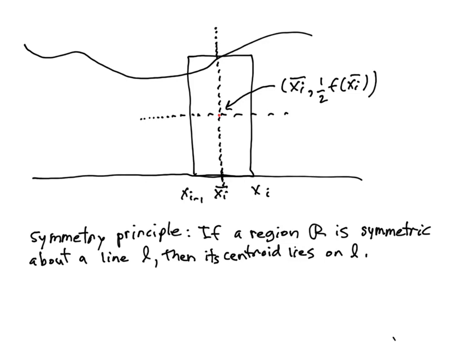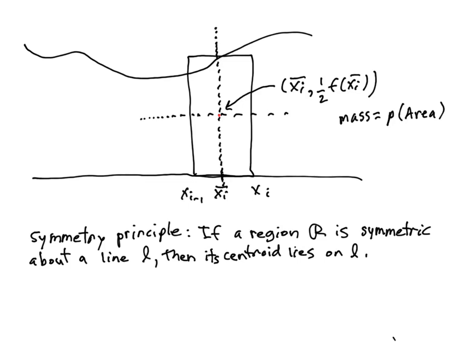Okay, so now what would the mass be? Well, in general, guys, mass is always equal to density times area, because density is by definition mass per unit area.